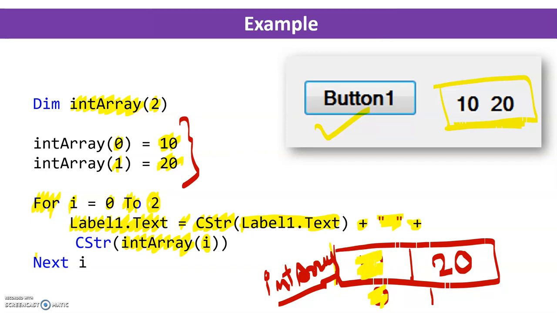So first it will print the 10, then next my I will become 1, right? When I becomes 1, at that time it will print the 20, and this 20 will get printed on the label. This practical you can try, so you will get a better idea of how it actually works, right?